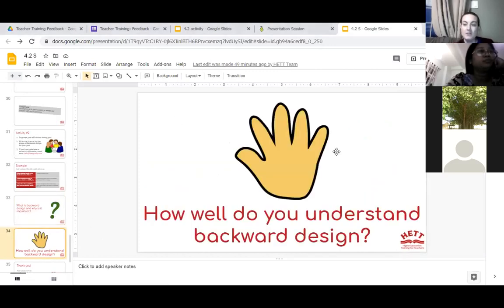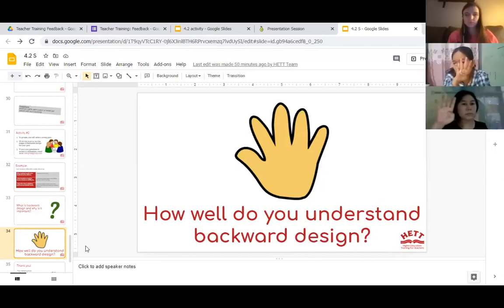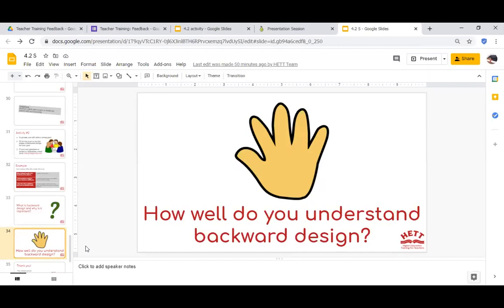So how well do you understand backwards design? Not at all, a little bit, somewhat, quite well, or extremely well, or you can type in the chat box on the count of 3. 1, 2, 3. So show of fingers. Okay, excellent.